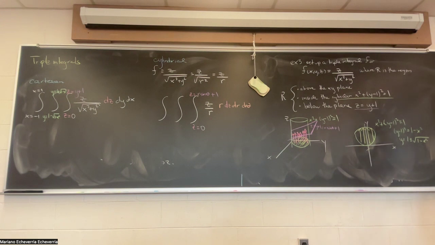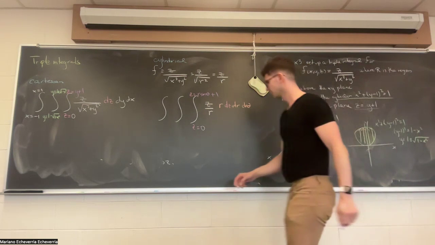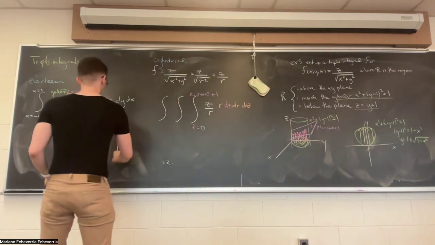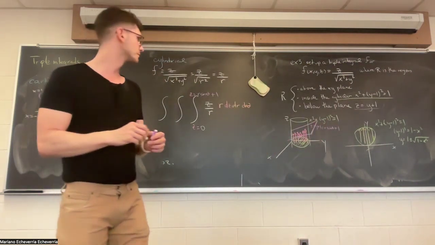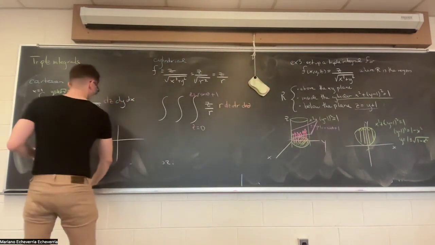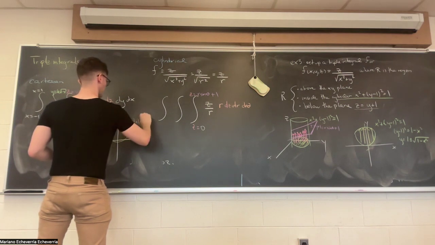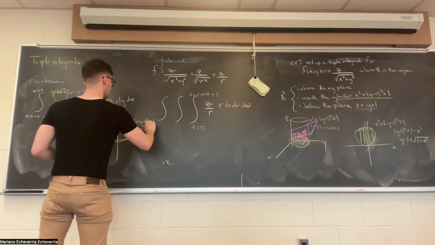And then what are the r and theta bounds? You have to find in polar the bounds for this circle, for this disk. This part is kind of like a midterm 2 problem, right? So let's just draw the circle again. We did this before.